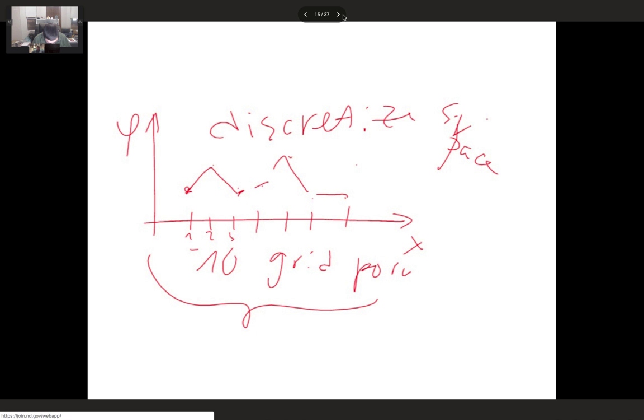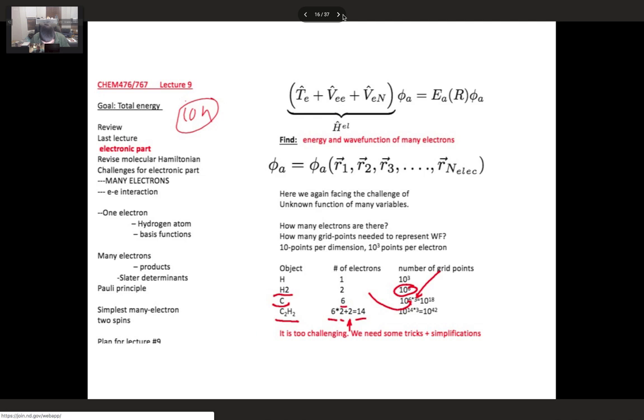Then the number of data points to treat the electronic wave function numerically will be 10 to the power of the number of degrees of freedom, right? So if we have this phi sub a as a function of the position of electron 1, position of electron 2, and as many electrons as we have, then for each electron we have 3 Cartesian projections.